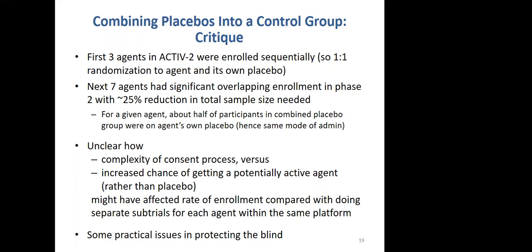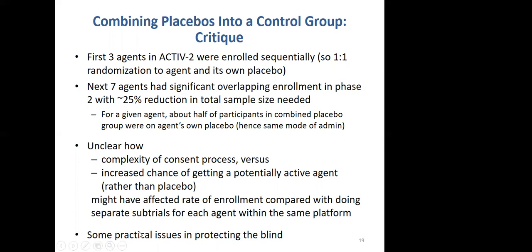We don't really have a good handle on that. So we can't really assess well whether it would have been faster to have done separate standardized trials for each of the agents that came into the study versus having this shared placebo concept.